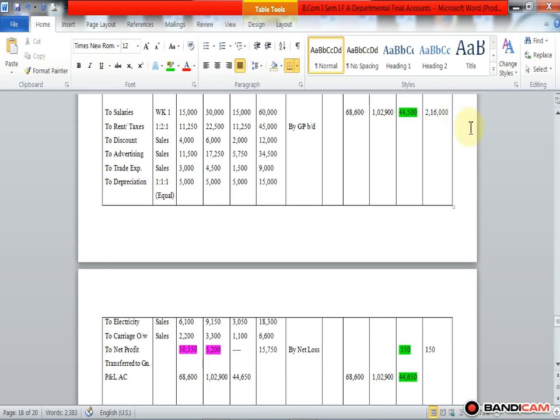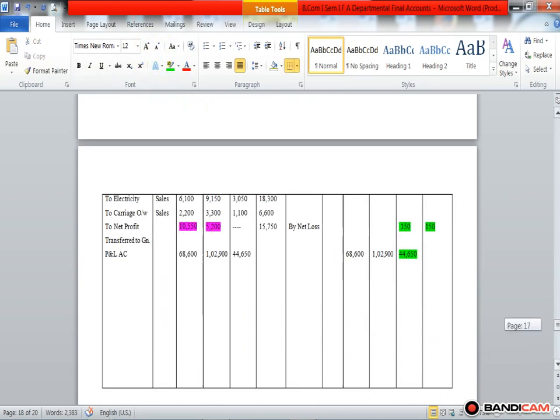So 150 is total loss and the total column is amounted to rupees 2,16,150.